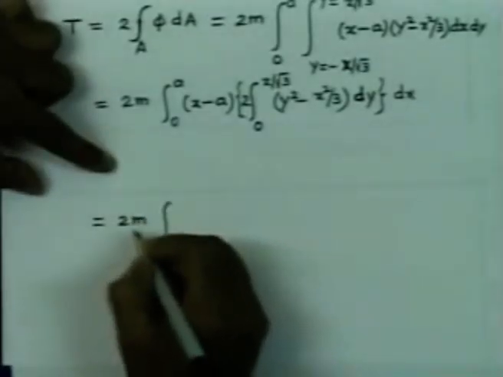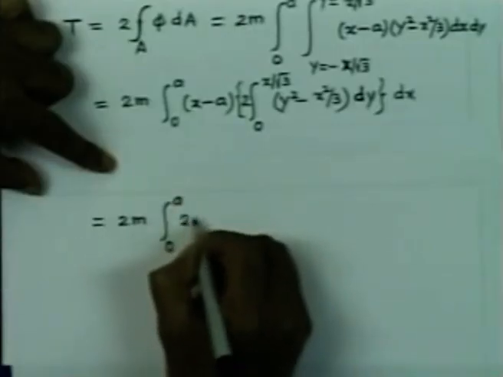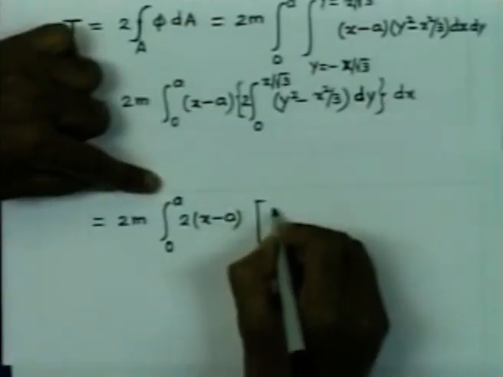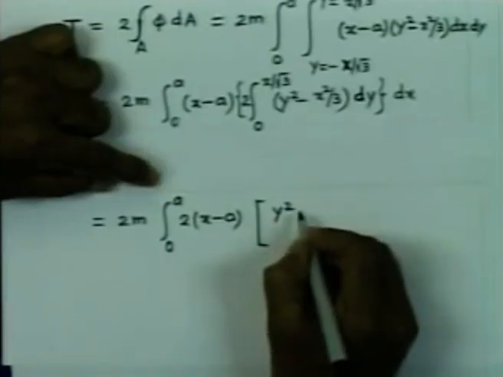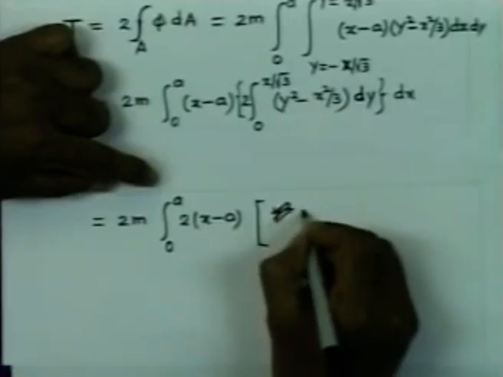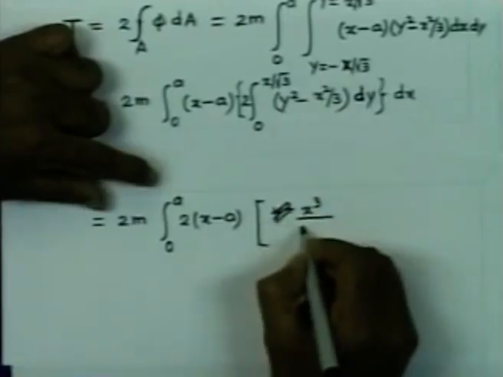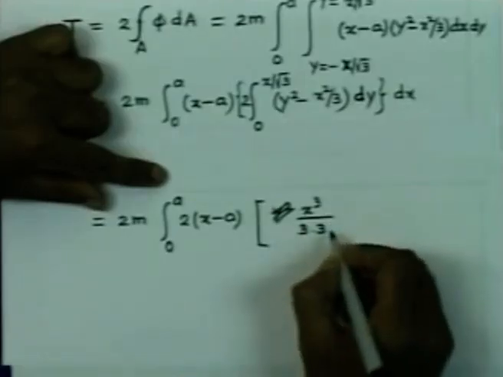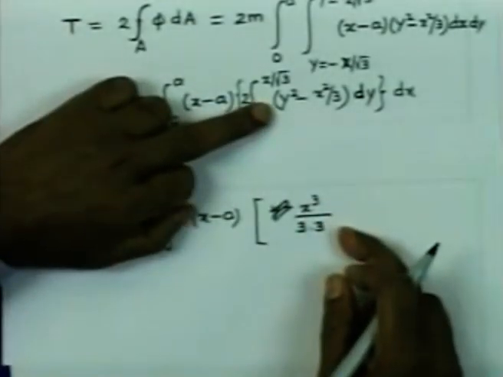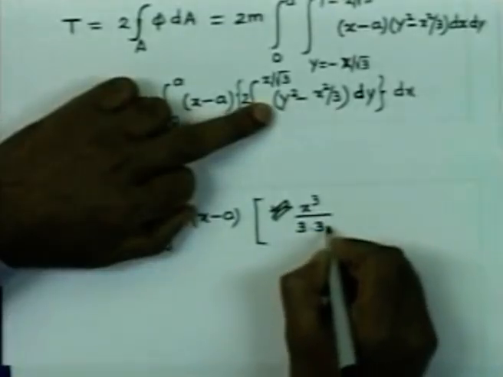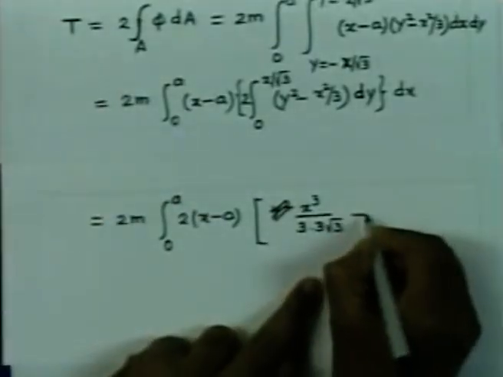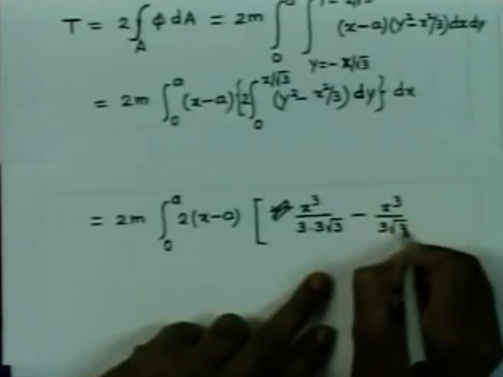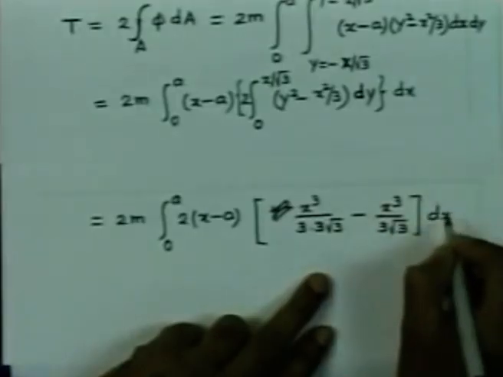To m, 0 to a, 2 times x minus a, this is going to give us, I am sorry, this is going to be x cube by 3 root 3 minus x cube by 3 into root 3, dx.